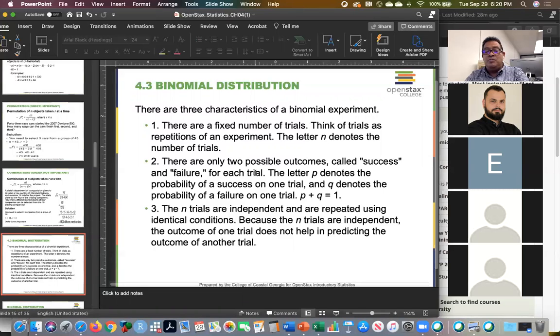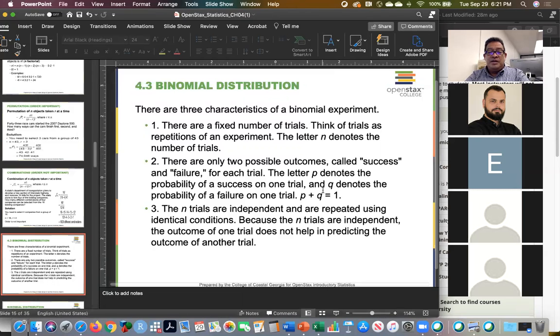We have only 2 possible outcomes. As I mentioned before, you can have the probability of success and the probability of failure. The letter P denotes the probability of success on 1 trial, and Q denotes the probability of failure. If we add success and failure, we are going to get 100% of this experiment, right?